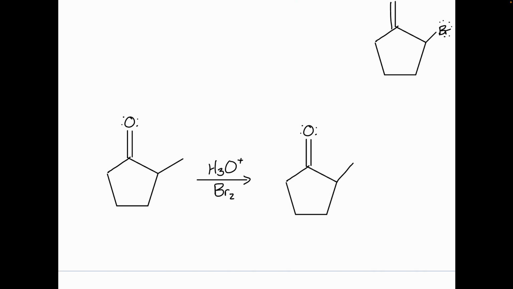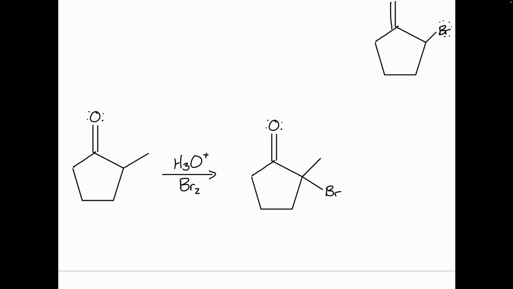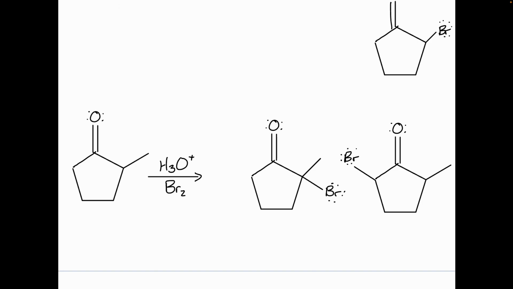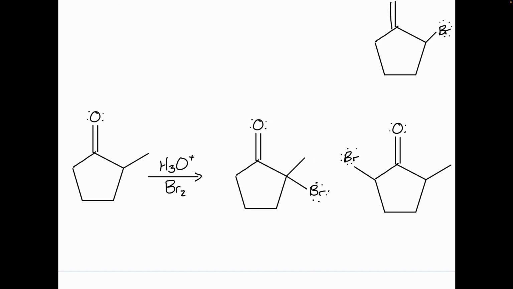We could brominate the carbon with the methyl group, or we could brominate the other carbon. All right, so what is the major product?